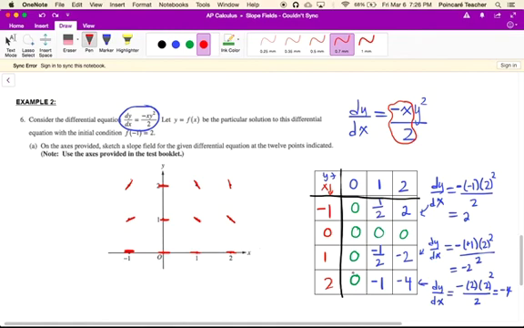I did it with the zeros first, then the ones that are positive or negative of each other next, and then just carefully making them accurate. So that's how you make a slope field for a differential equation.